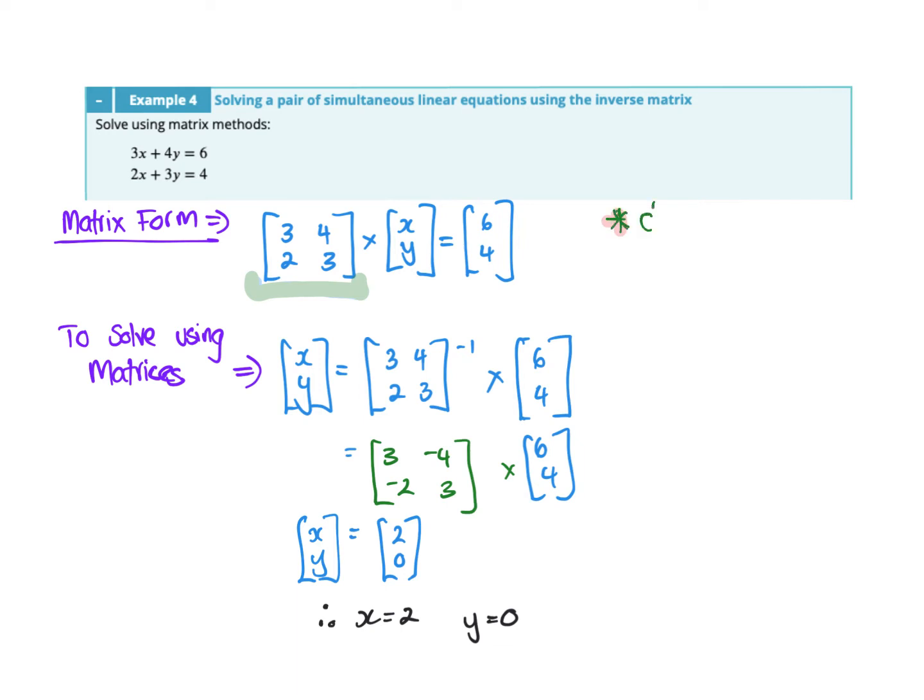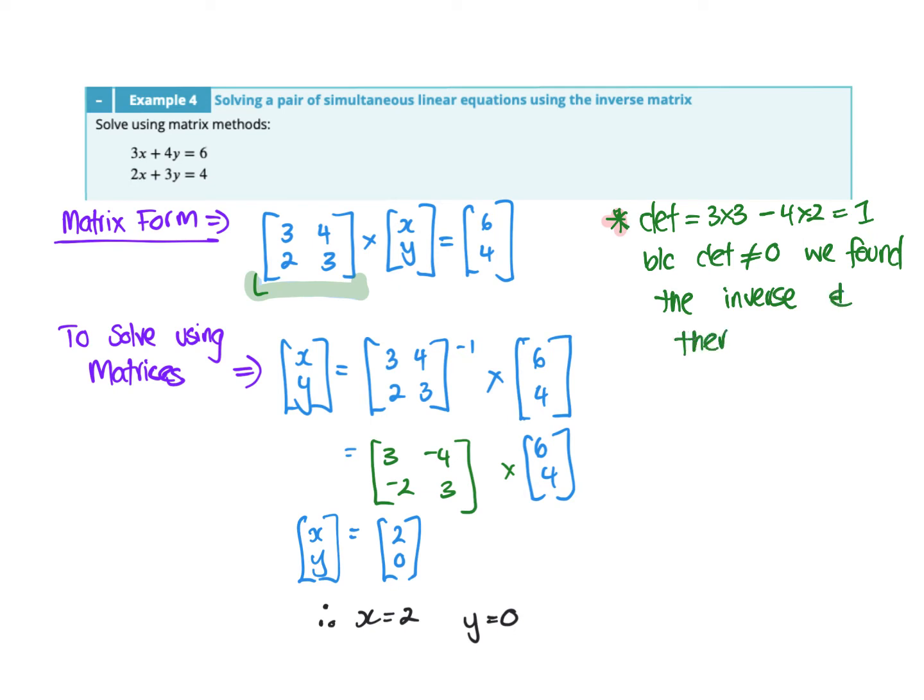Because the determinant in this case would have been 3 times 3 minus 4 times 2, so it would have been 1. So because the determinant was not 0, we found the inverse, and therefore our unique solution.